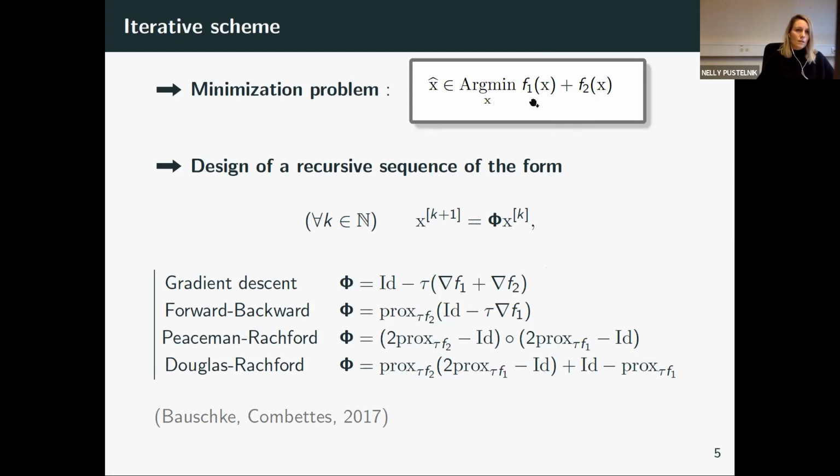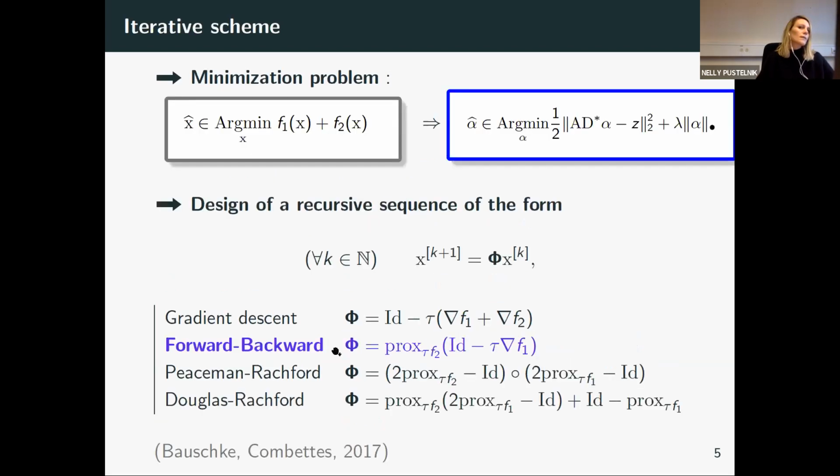If just one has this property and the other one is non-smooth, you can perform the forward-backward algorithm, which is a gradient descent step followed by a proximal step. And if you can compute the proximity operator of both functions, you can use either the Peaceman-Rachford iteration or the Douglas-Rachford iteration.